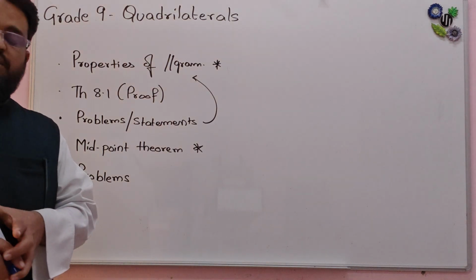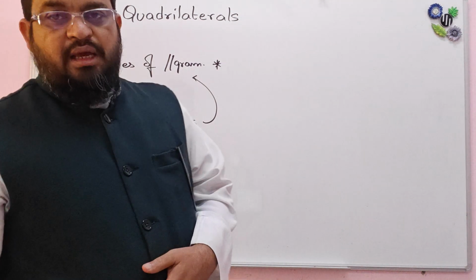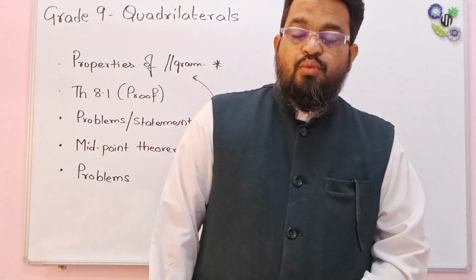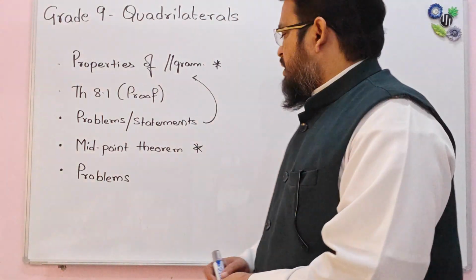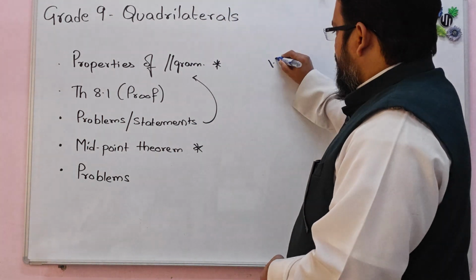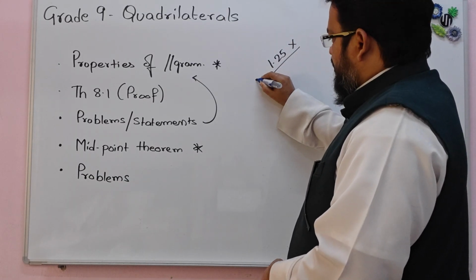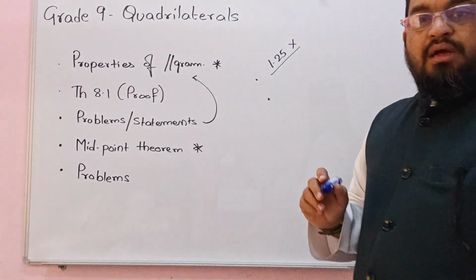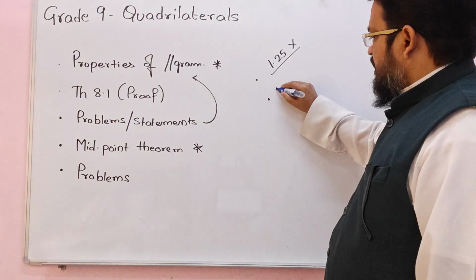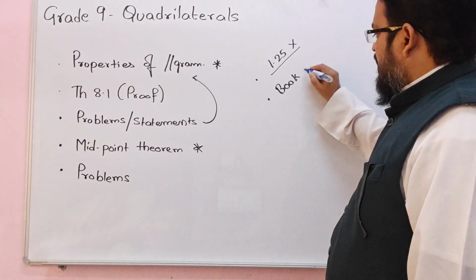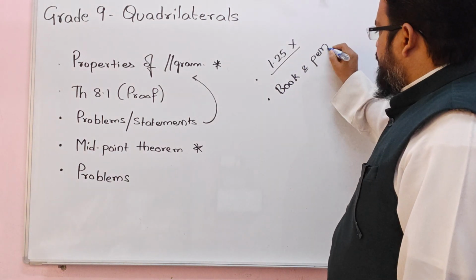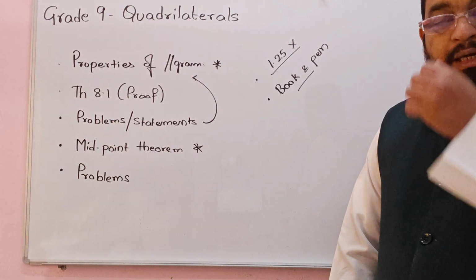So please bear with me, and I suggest you to watch this video at 1.25x or 1.5x. And this is the first thing you have to do. And the second one, take a book and pen and try to solve after listening to each and every concept.